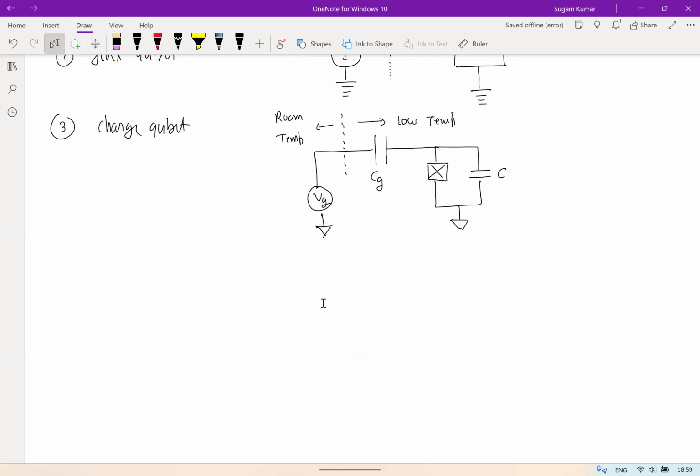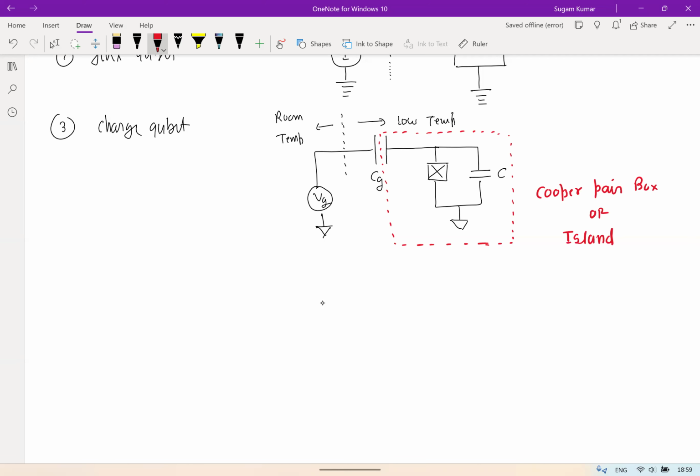Now see, this part, let me highlight. This part is what is known as a Cooper pair box, or sometimes we call it an island.